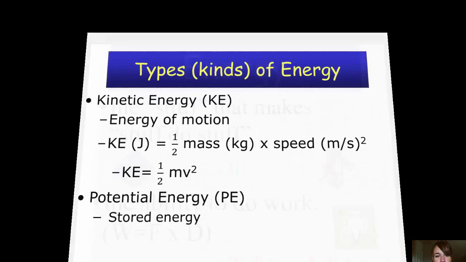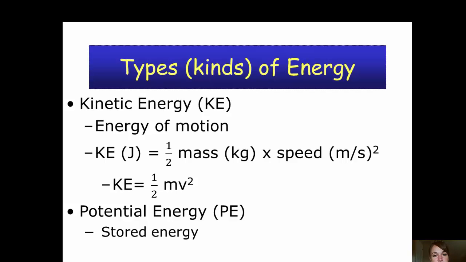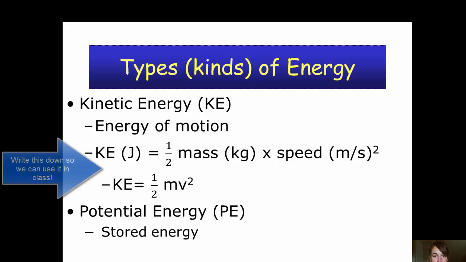So the two main types of energy are kinetic energy and potential energy. First, we'll talk about kinetic. So that's the energy of motion. Anything that is moving has kinetic energy. We have an equation so we can figure out how much kinetic energy an object has. So that equation is 1/2 of the mass, which is measured in kilograms, times speed squared.